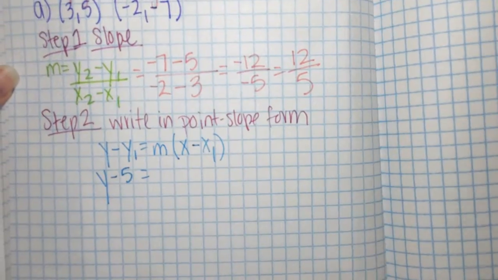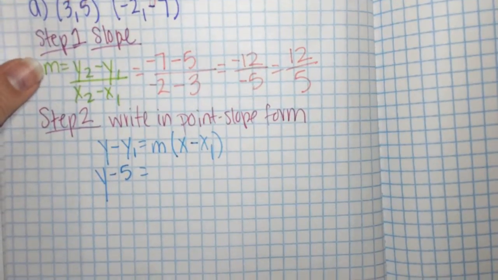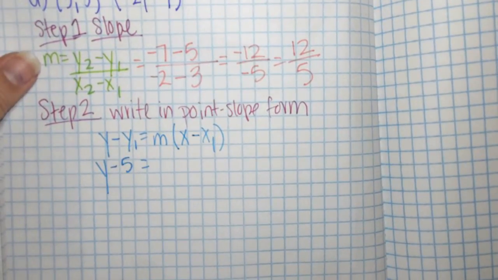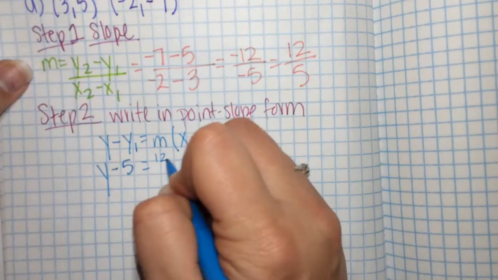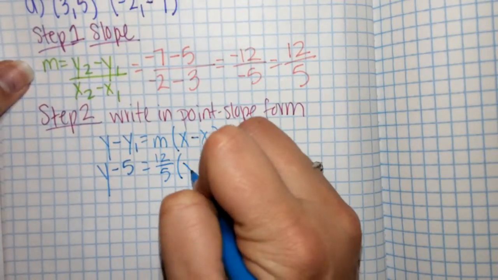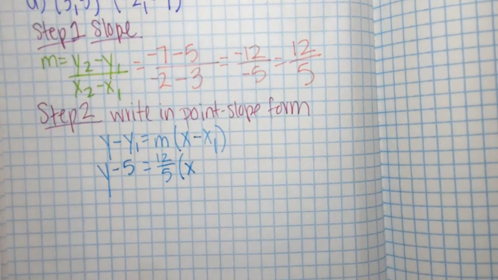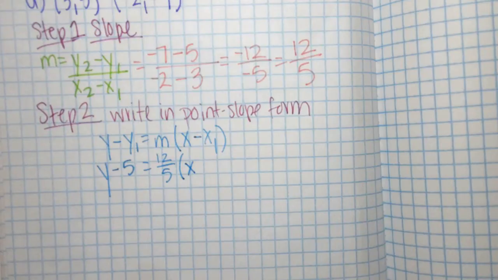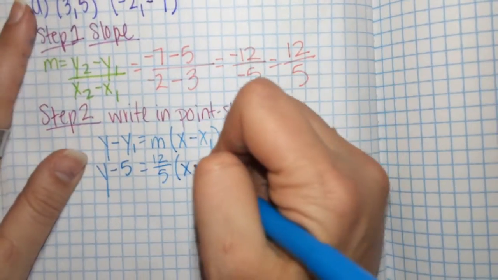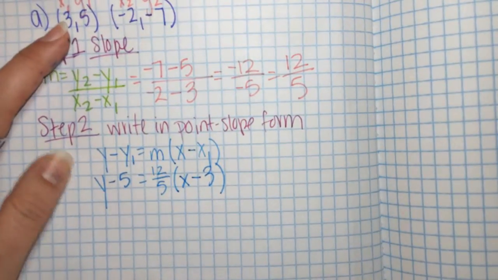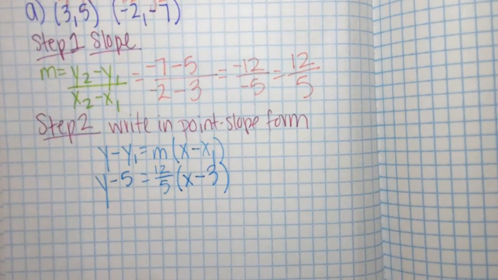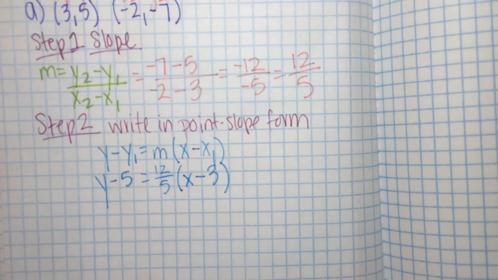Alright, what is our slope, Jackson? 12 divided by 5. Take a point. And is it going to be x minus our x1 or plus our x1? Minus. Why is it minus 3? Because it's positive, and you do opposite signs.